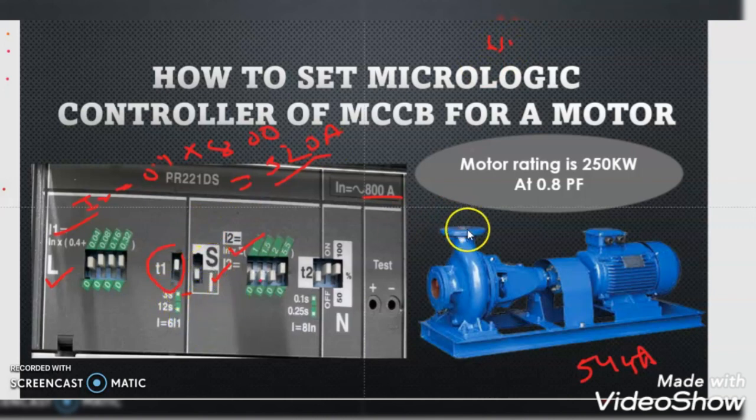Whenever you start the motor, the circuit breaker will trip. Why? Because after 3 seconds the motor is still taking the high current, that is 3 times the full load current in case of a delta starter technique. But for the circuit breaker, as you set it wrong, it will feel that it is an overload current, and it will trip. Let us take another case, and after that we will summarize this video.